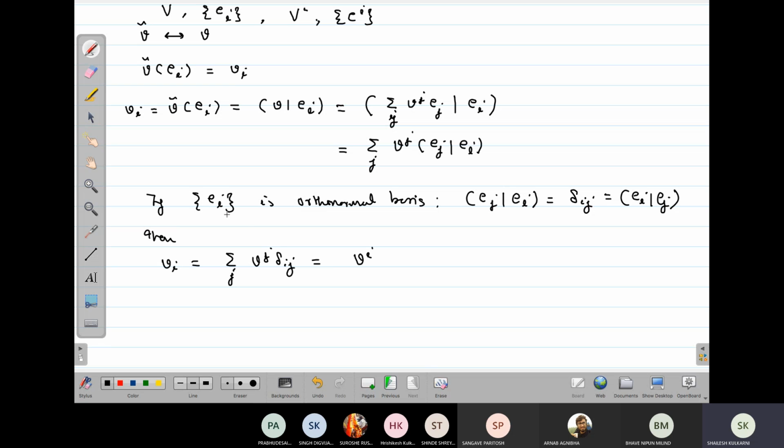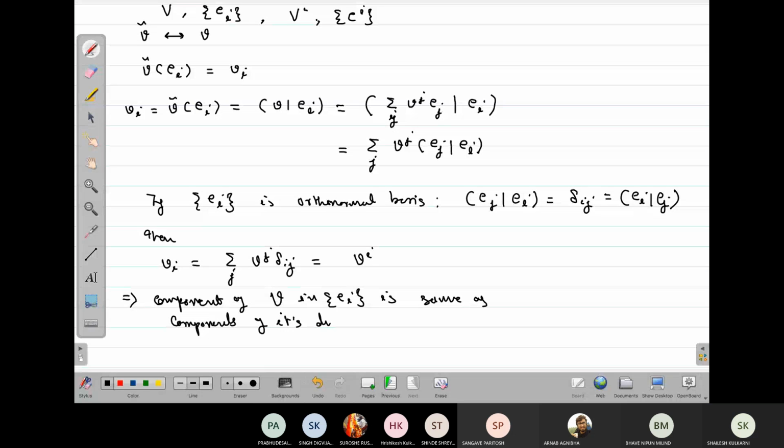So if I use an orthonormal basis, then the component of vector V in basis E_i is the same as the component of its dual vector in the dual basis.